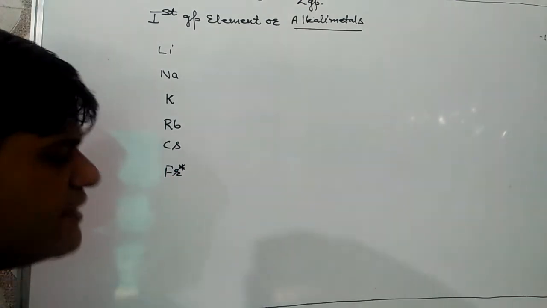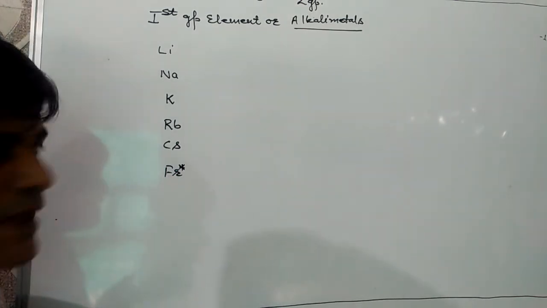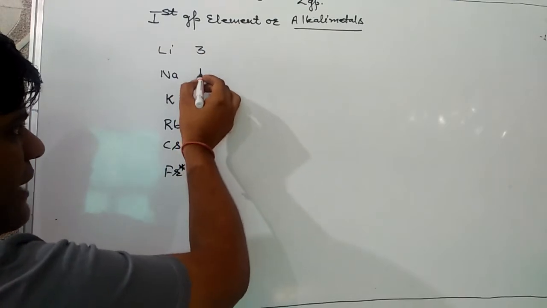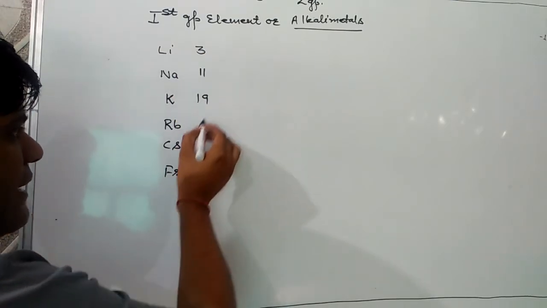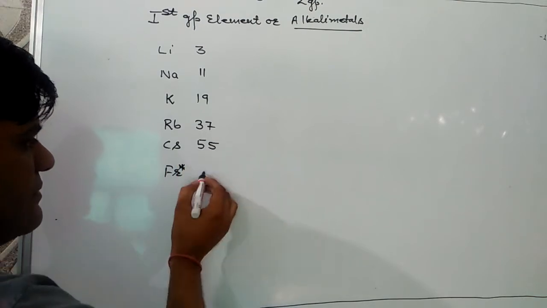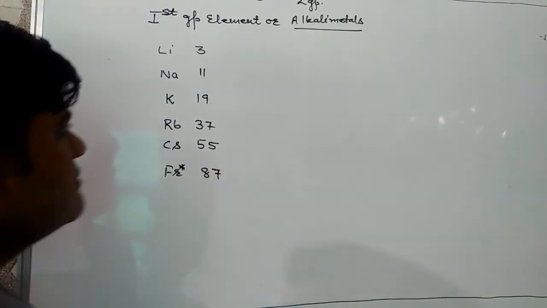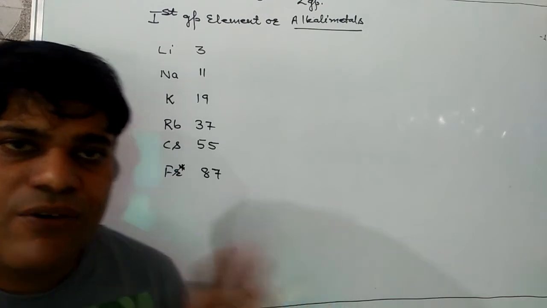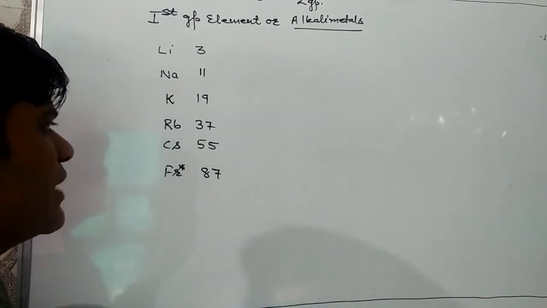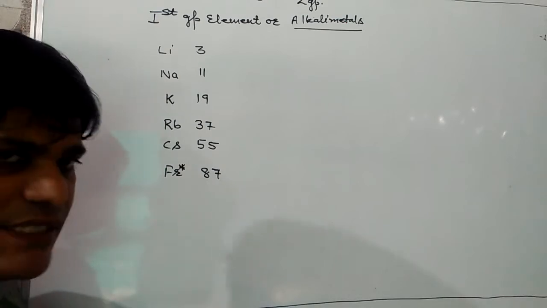Francium is the radioactive element of this group. Their atomic numbers are 3, and we have to add the magic numbers: 11, 19, 37, 55 and 87.